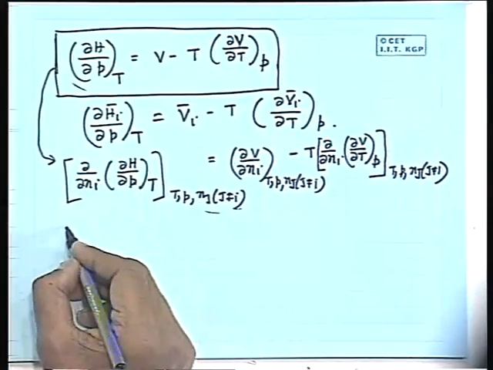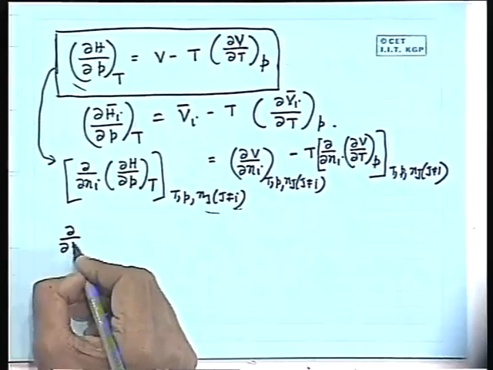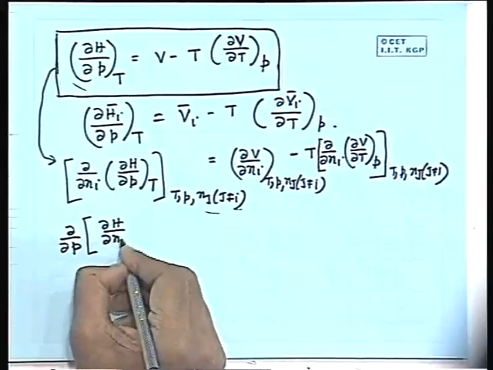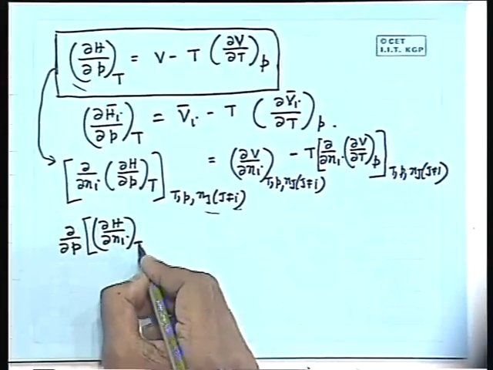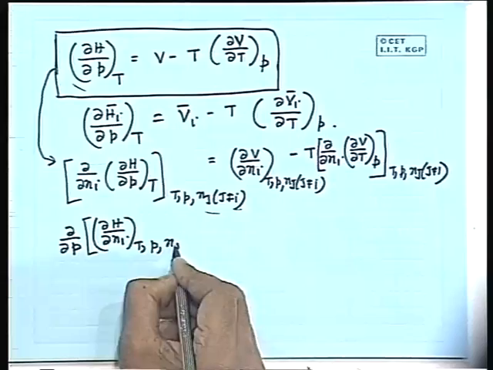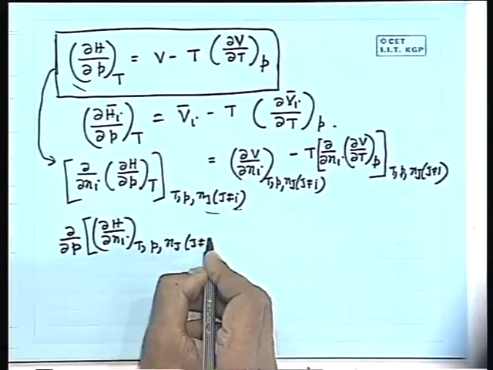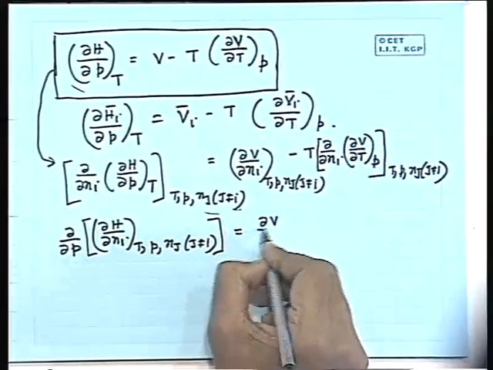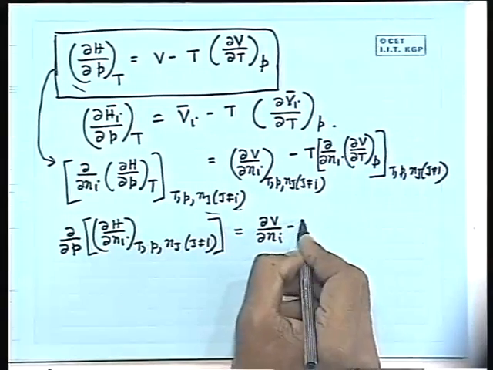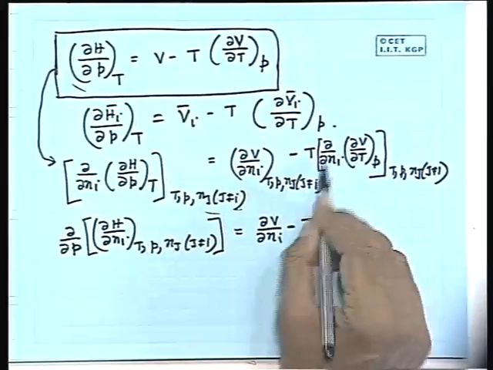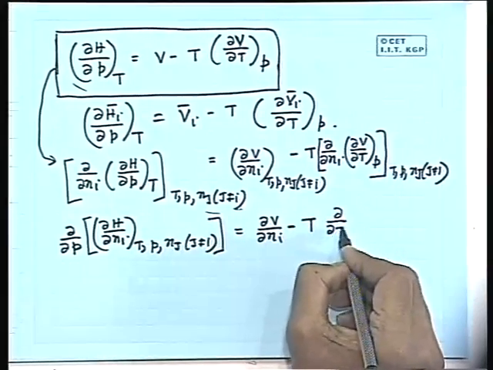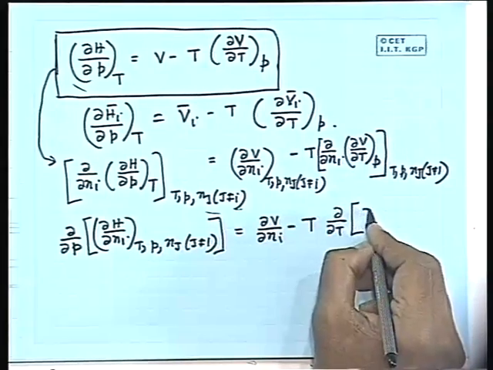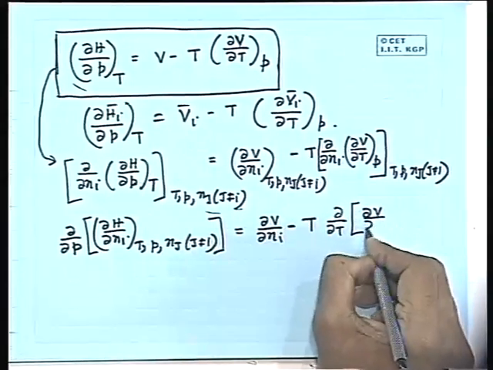So I just change it and I can write del del P of del H del Ni at constant T, P, Nj, j not equal to i. This term remains as it is, del V del Ni, minus T, and here also I change the order of differentiation: del del T of del V del Ni.